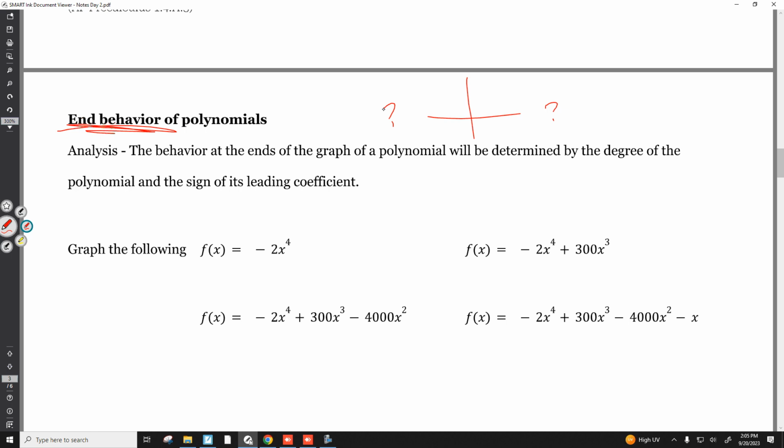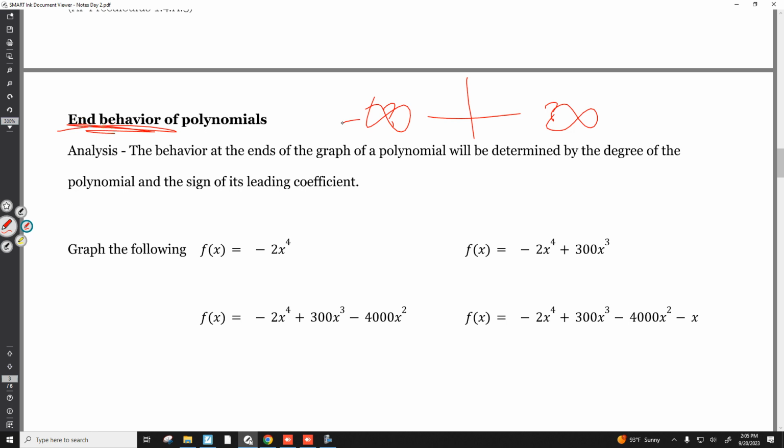Okay? 10, 20, 30, 40, 50. 100, 1,000, 5,000, 1,000,000, 20 million, a Google, 20 Googles. We're thinking about what's going on all the way to the right at infinity. If we're talking about the other end, we're thinking what's going on all the way over here at negative infinity.